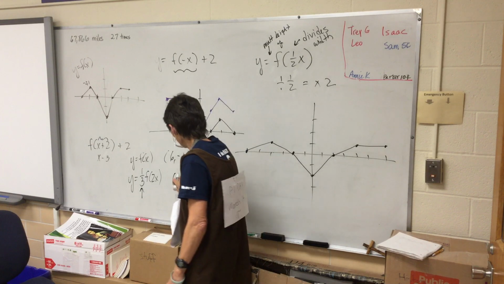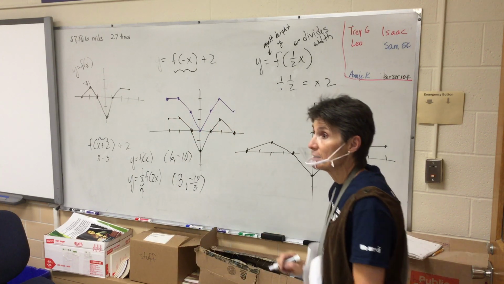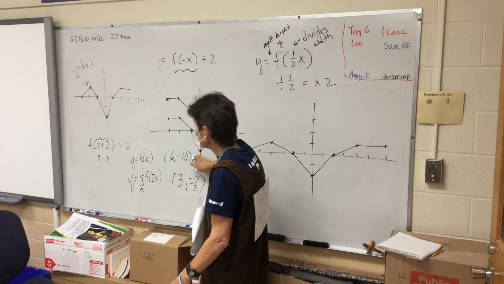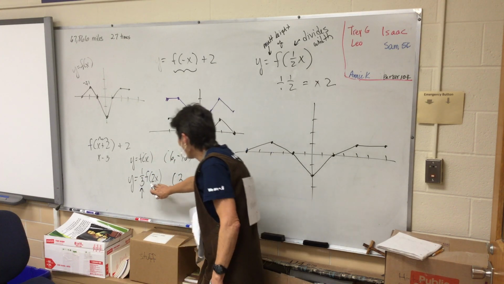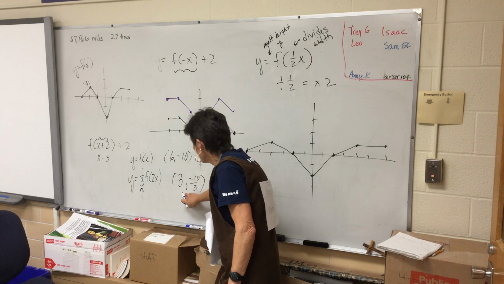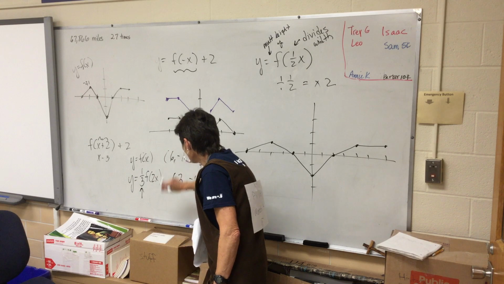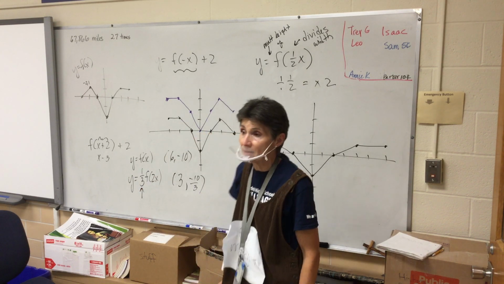So this would be 3, because I'm dividing by 2. So if the original point was here in the original picture, the new point would be here, because it's been divided by 2 on the x, and multiplied by 1/3 on the y.